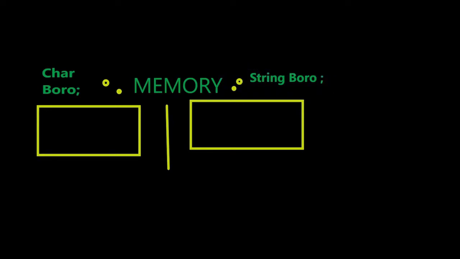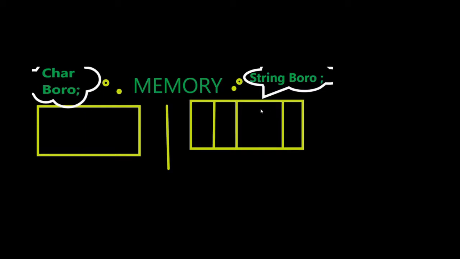Since I've defined this string variable, the string will make an array of space, like a string is a cluster of characters, so it will make a group of spaces, and that's the simple understanding for memory. When you define a string, it knows that you are going to need more space and you have a collection of letters. And when you define a char, the compiler tells the memory that only a single letter of space is required.